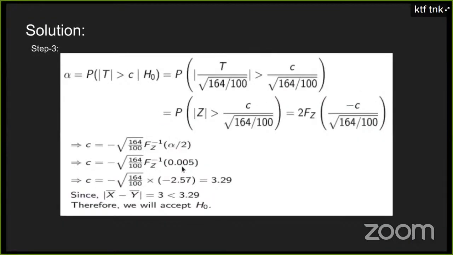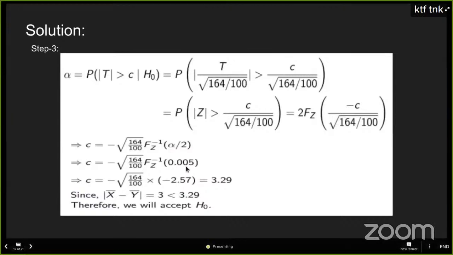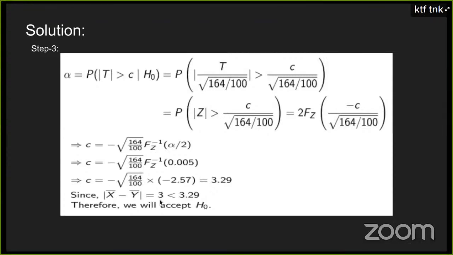So 0.01 divided by 2 is 0.005. If you do this calculation, you get the value of c as 3.29, and 3.29 is greater than 3. So we will accept the null hypothesis. Accept null hypothesis is the correct answer, Option B.